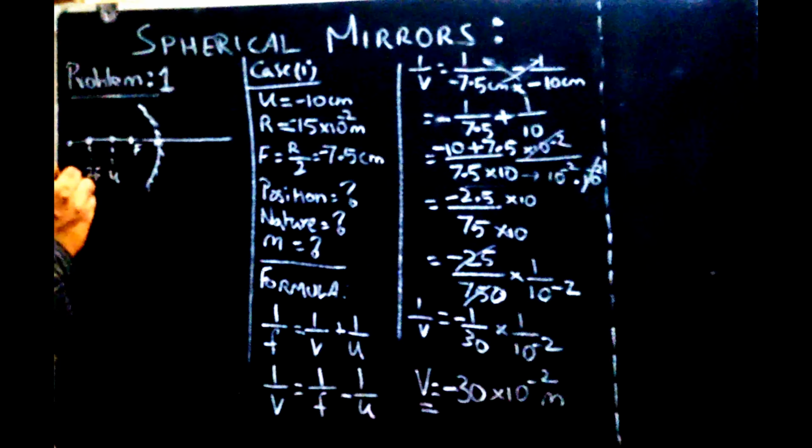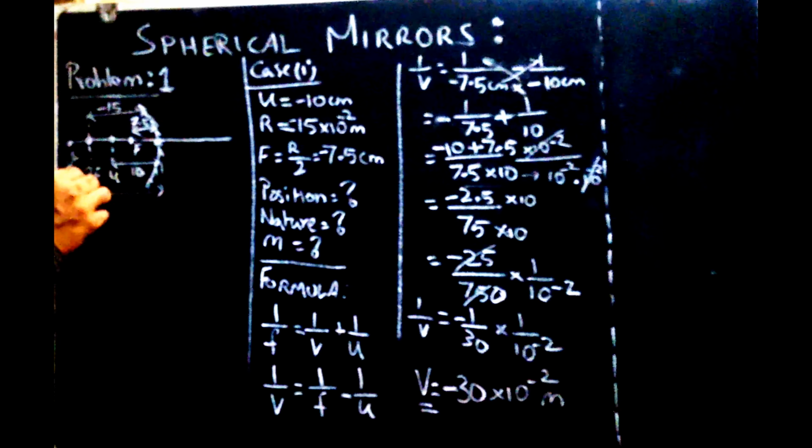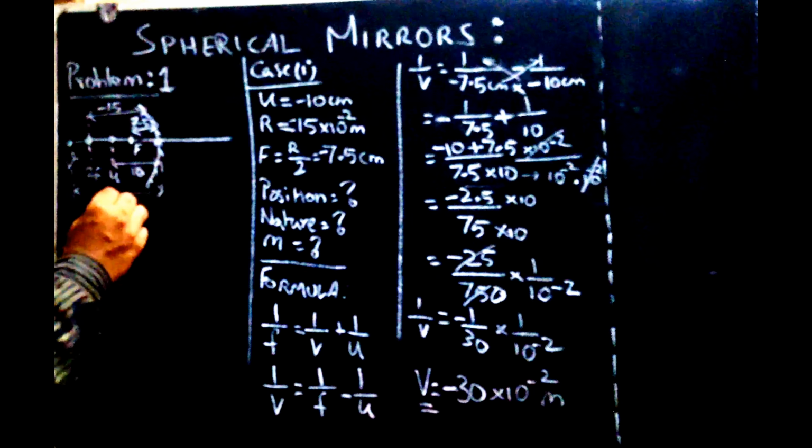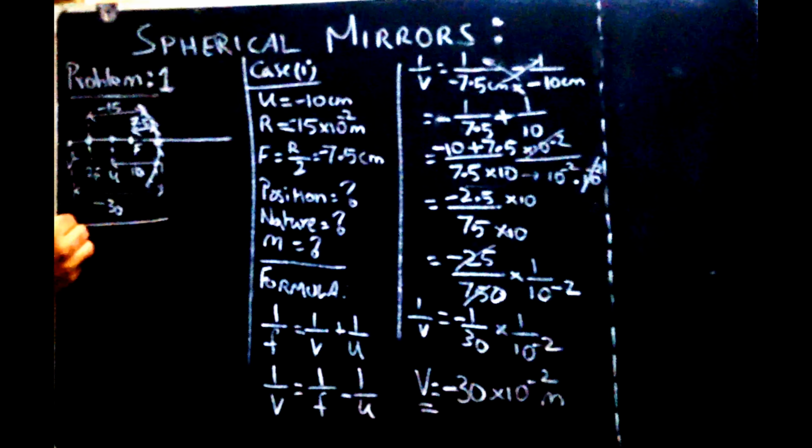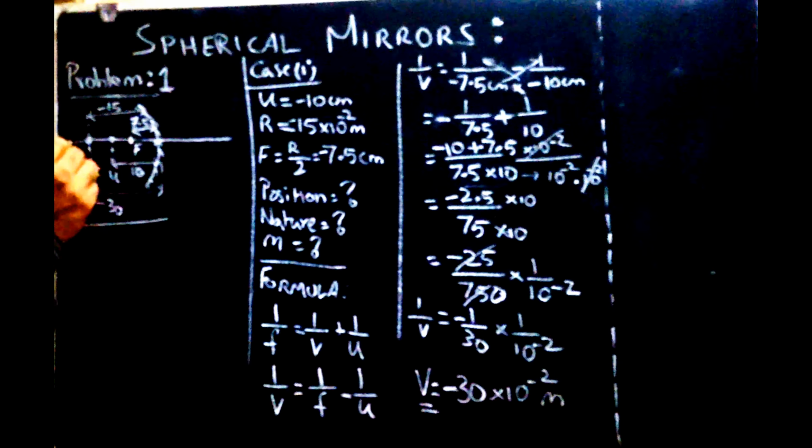Now we are going to see the conditions one by one. The first one, I'm going to find out its position. You will see that it is a concave mirror. This is a real image because you are able to capture it on a screen. All the images will be formed only towards the left hand side of the mirror.